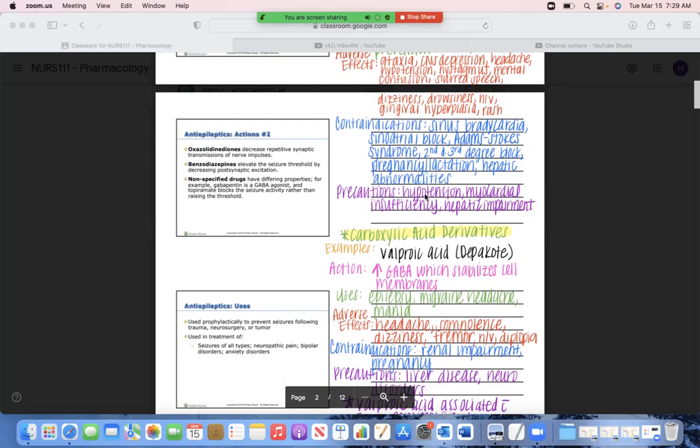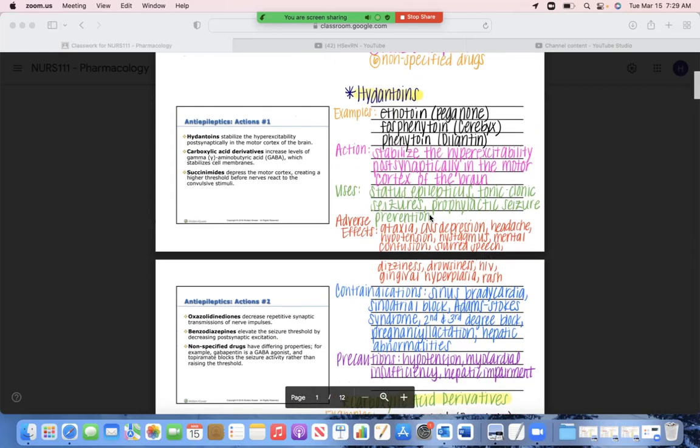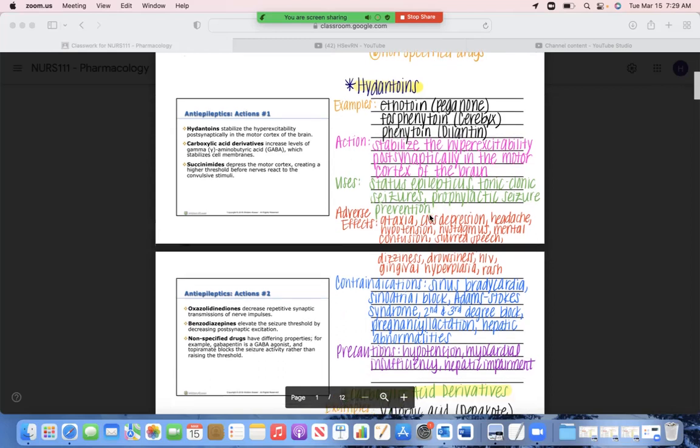We're going to be careful with people who have low blood pressure, already have some type of heart issue causing a myocardial insufficiency, their heart's not doing enough work, right? Or they have some type of hepatic impairment. Phenytoin is great for status epilepticus, getting your client out of those prolonged seizures after you've given an acute med. Okay, examples include ethotoin, fosphenytoin, and phenytoin.